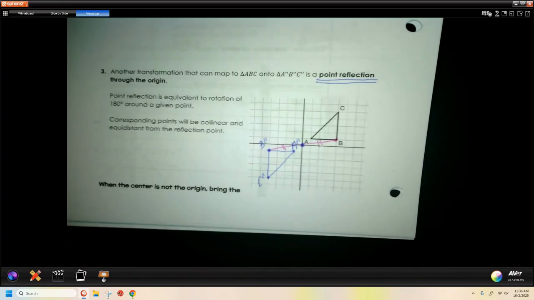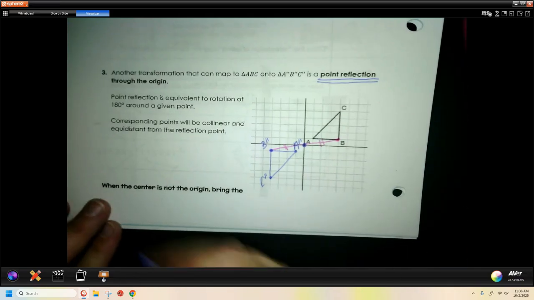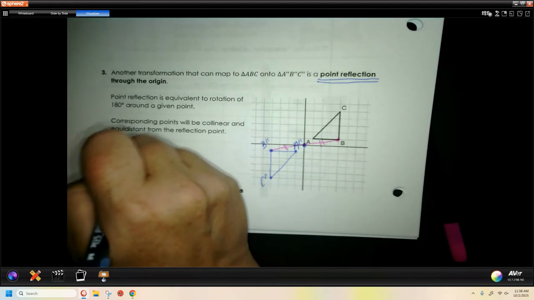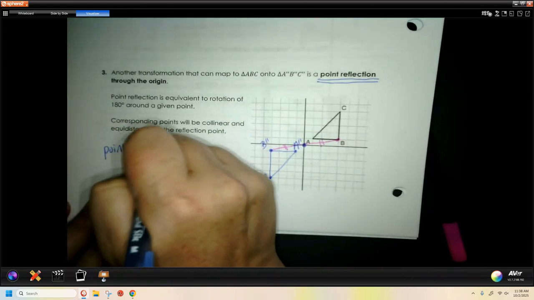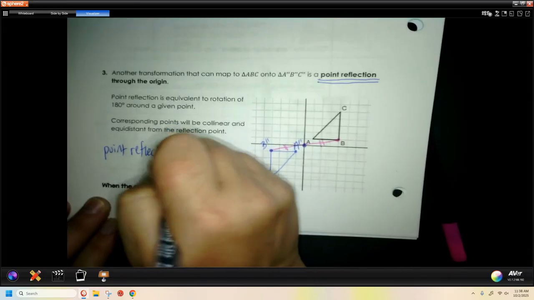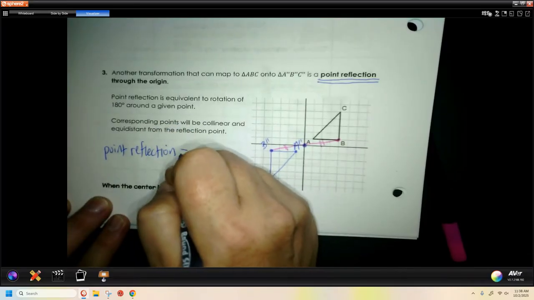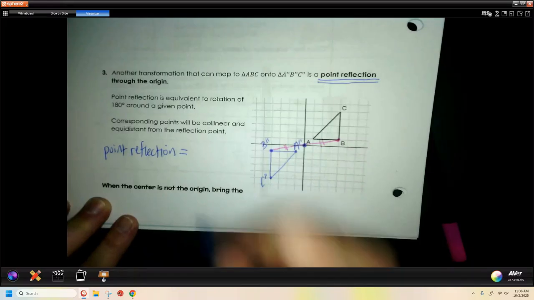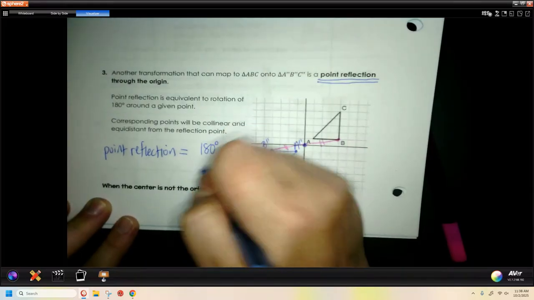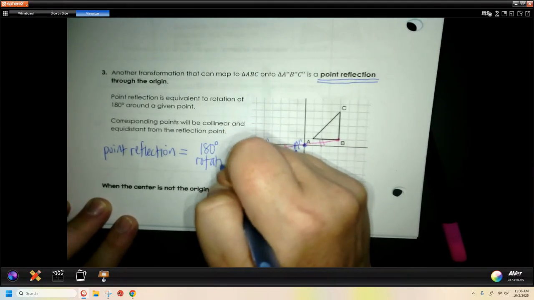It comes up maybe in a single question in the whole entire situation. Basically, point reflection is the same exact thing as 180-degree rotation.